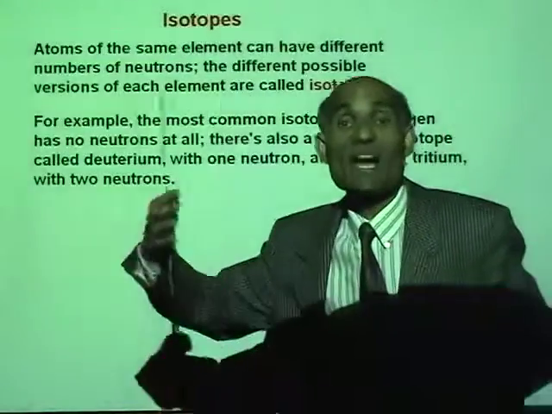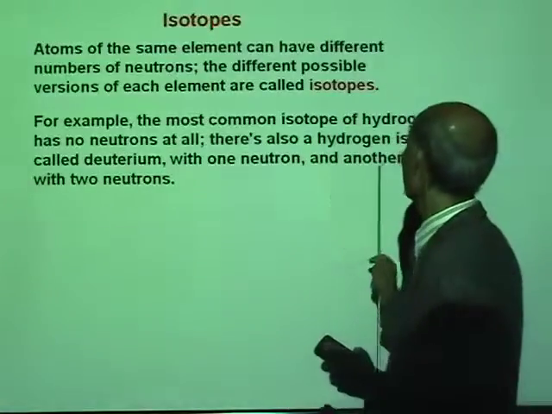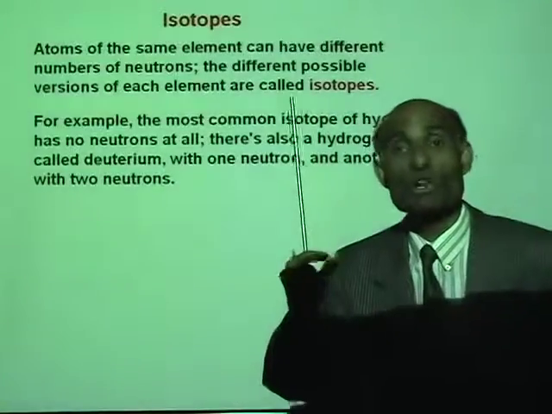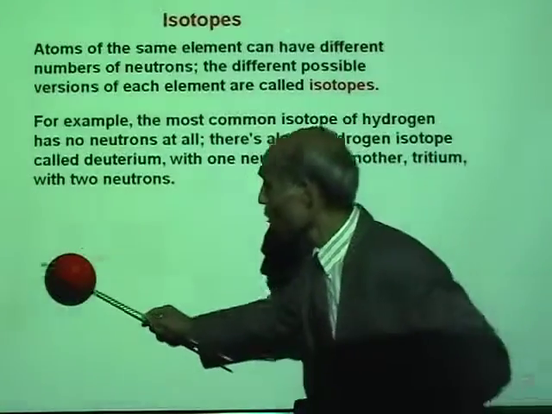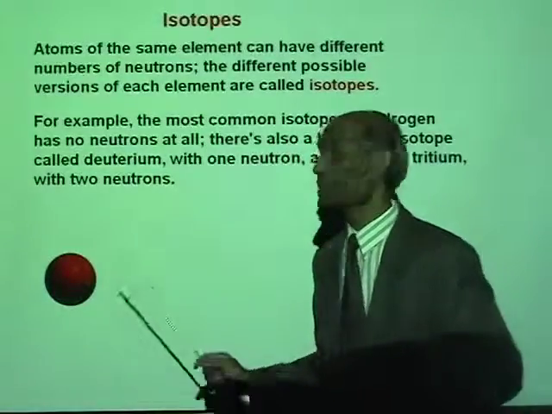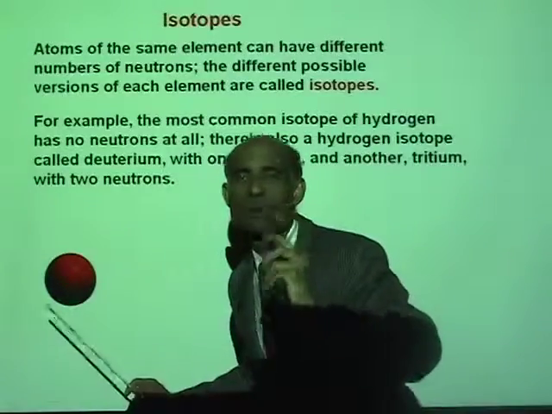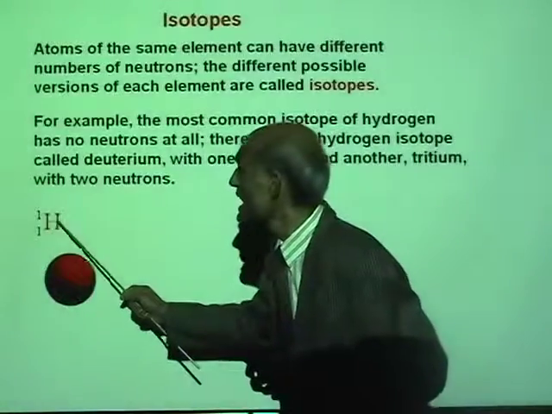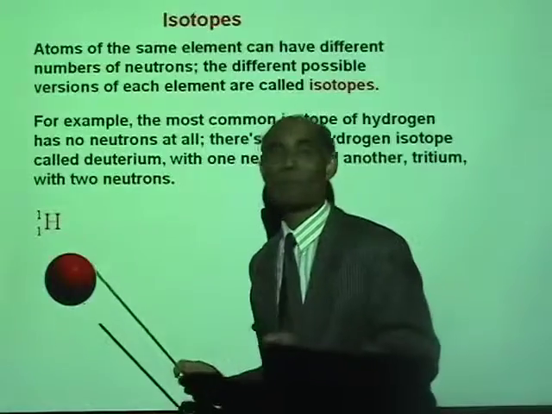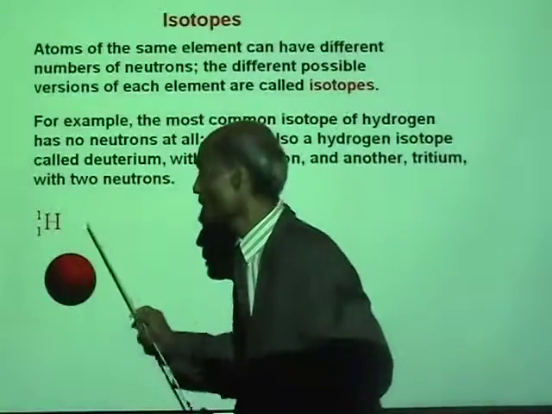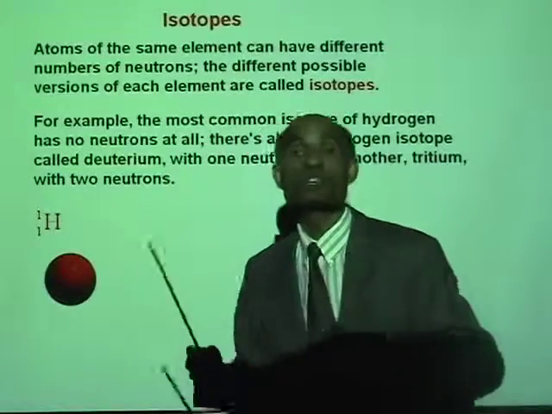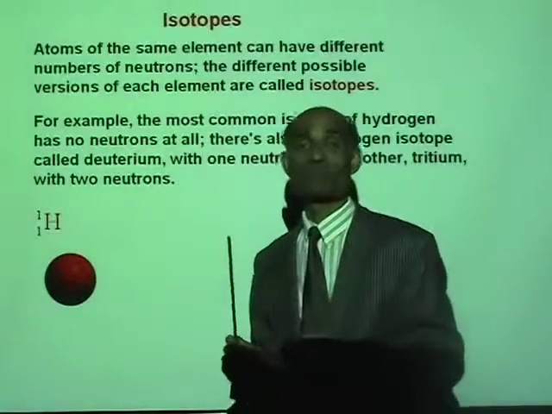And yet there is another form of hydrogen that contains one proton and two neutrons. Now, this is the ordinary hydrogen. It contains just one proton, and that is H11. You see, one proton and no neutron. And most of the hydrogen in the universe is this.